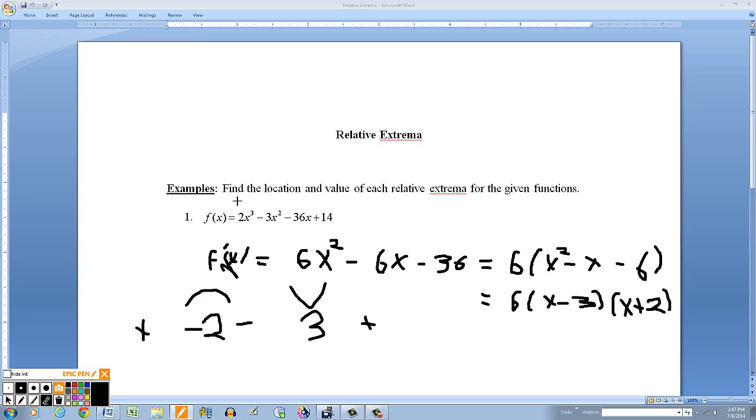So the instruction says, find the location and value of each relative extrema for the given function. Well, the location of the relative extrema, in this case a maximum and a minimum, are at negative 2 and 3. So one way we can write this is to simply say this.